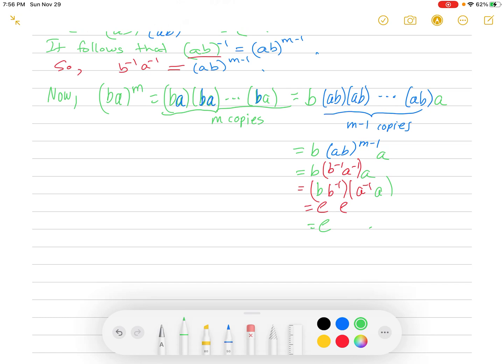So what does that mean? Well, if you go back to theorem 7.9.1, that's the one in the previous video, that means this power here, BA raised to the M power, gives you the identity.